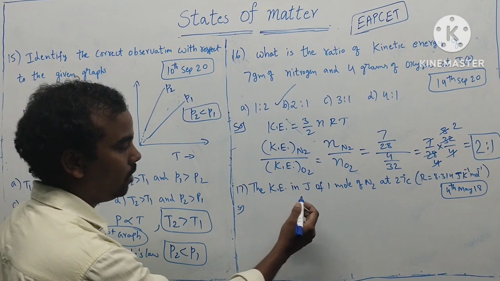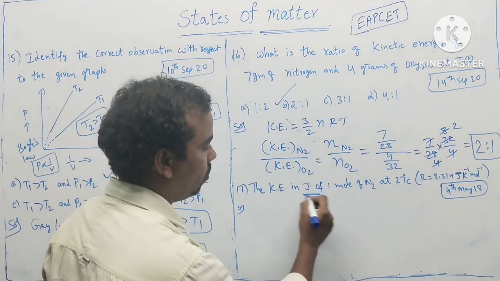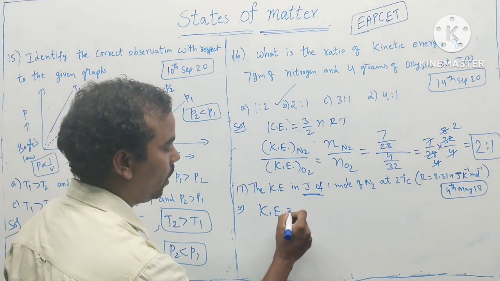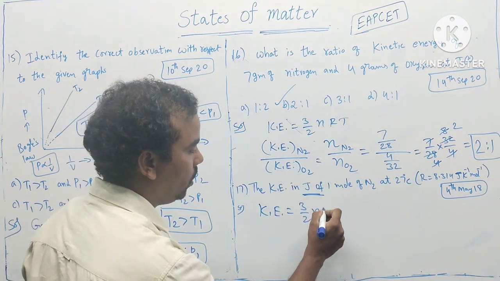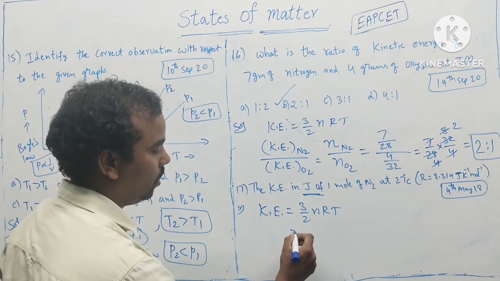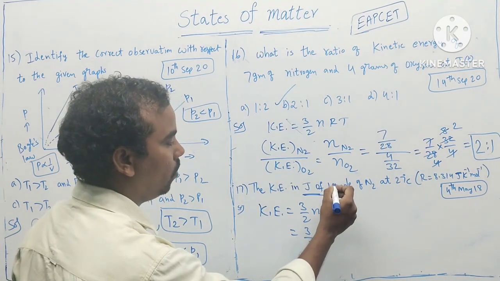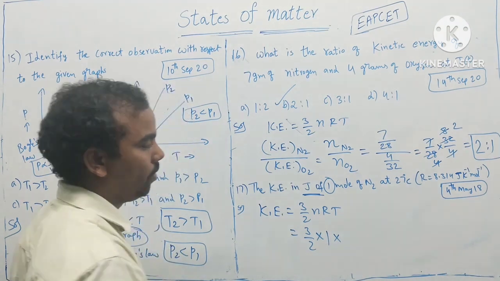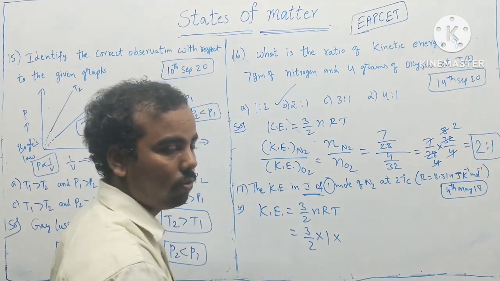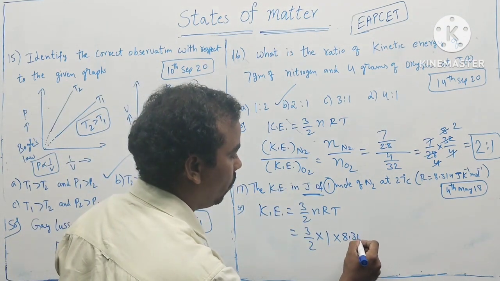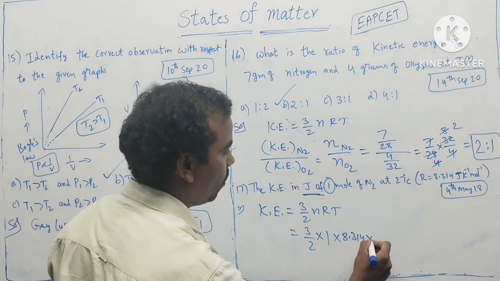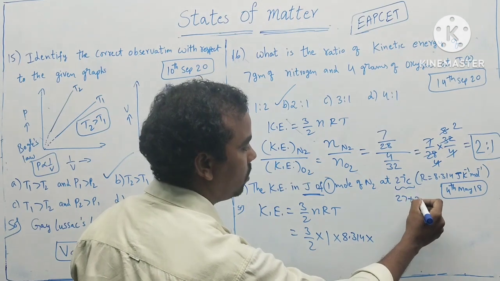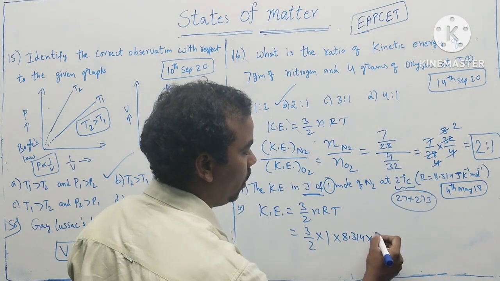Similarly, find the kinetic energy in joules of 1 mole of N2 at 27 degrees centigrade. Formula: kinetic energy is 3 by 2 nRT. So 3 by 2 into n, which is 1 mole. R value in joules is 8.314, already given. Temperature 27 degrees centigrade means 27 plus 273, 300 kelvins.